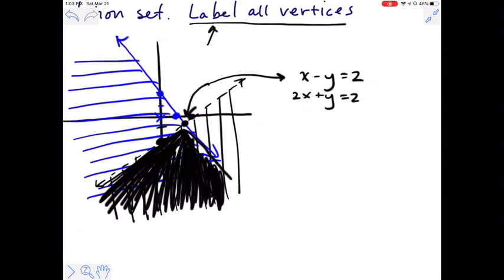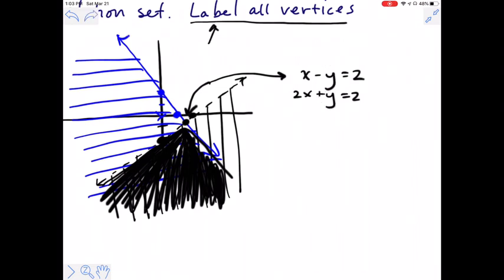Now to solve this, it's nicely set up already to do a solution by elimination. So if we add these two equations together, then we have 3x equals 4. So x equals 4/3.